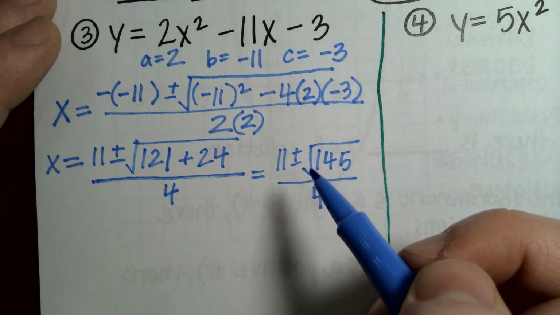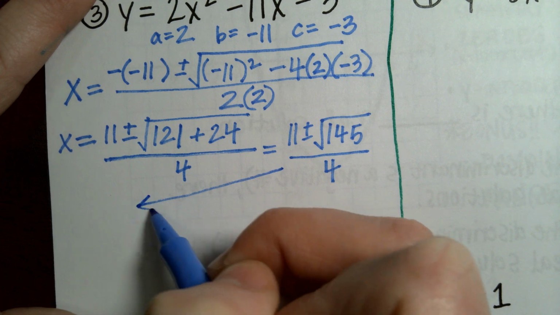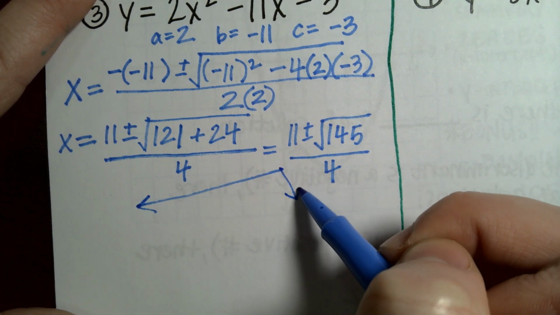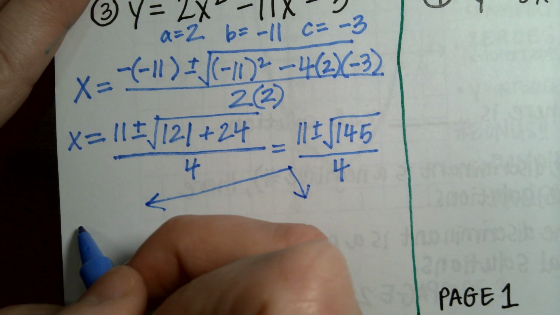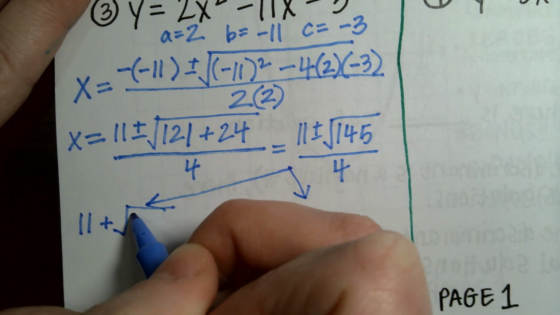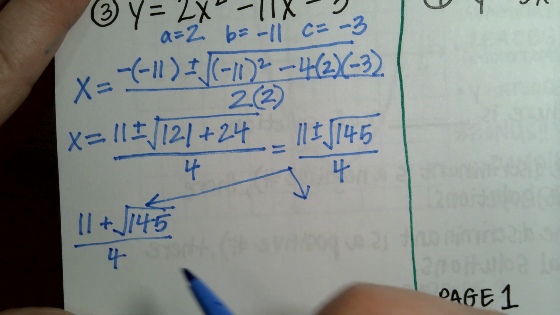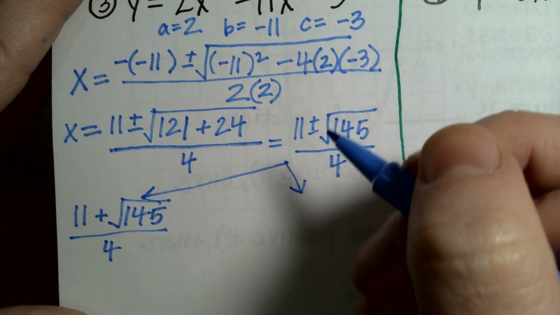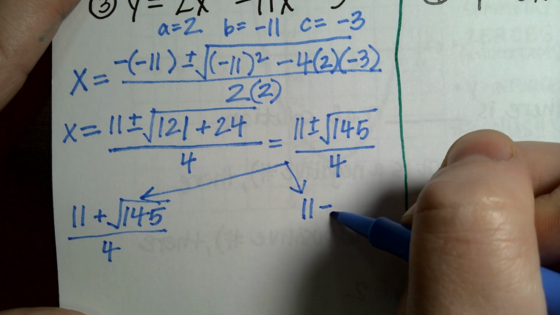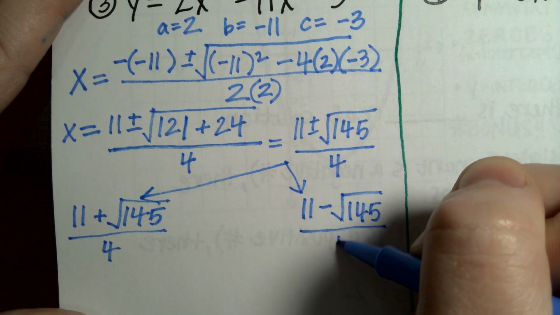Yes, we're making 2 equations. We're going to separate that plus and minus. So I'm going to have 11 plus the square root of 145 over 4. And I'm going to have 11 minus the square root of 145 over 4.